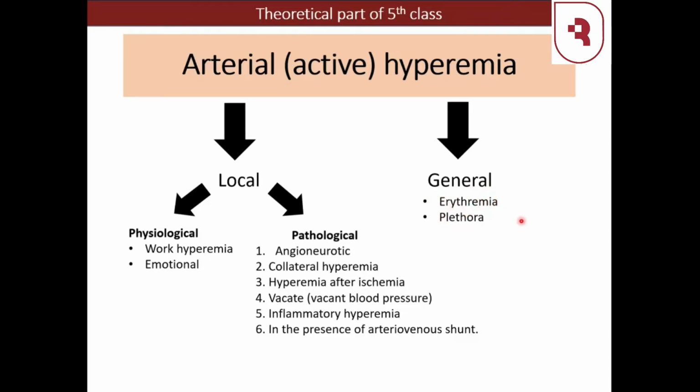Plethora is an increase of volume of blood in the organism, which may be associated with our treatment. For example, when we try to infuse a lot of infusions into the organism, and sometimes it may be a lot of solutions which we use in treatment, it leads to increased volume of blood.